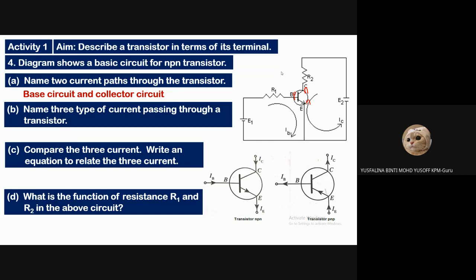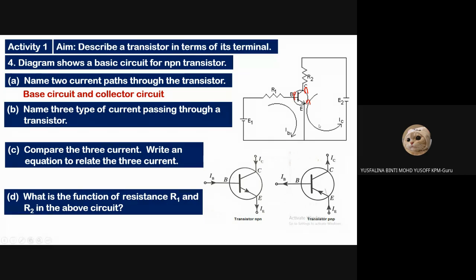There are two circuits: a base circuit and a collector circuit. The current will flow to the base and also to the collector circuit. This is the base circuit, and this is the collector circuit.